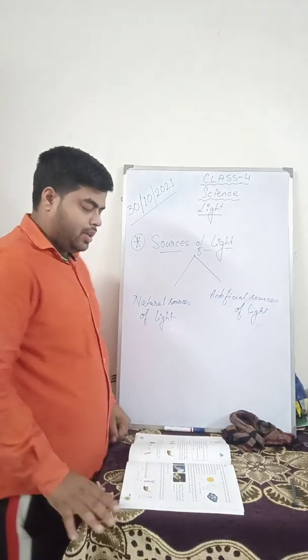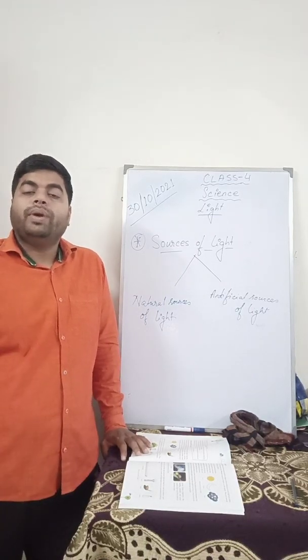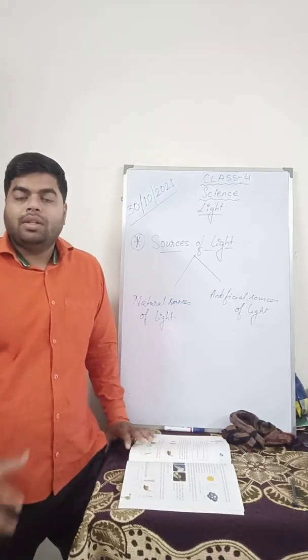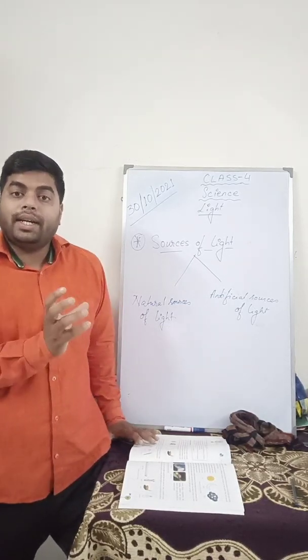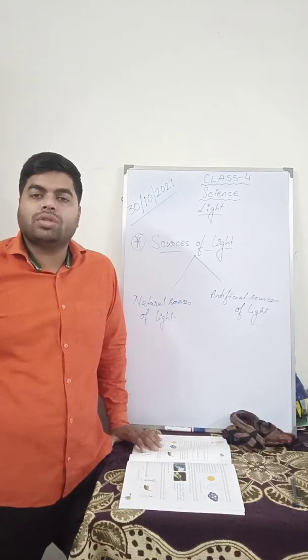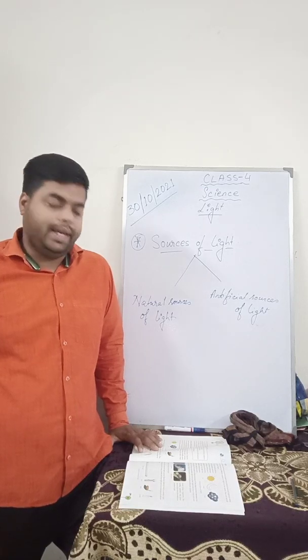Natural sources of light are those which are made by God, created by the universe. And artificial sources of light are sources which are made by human beings, and from where we get light.